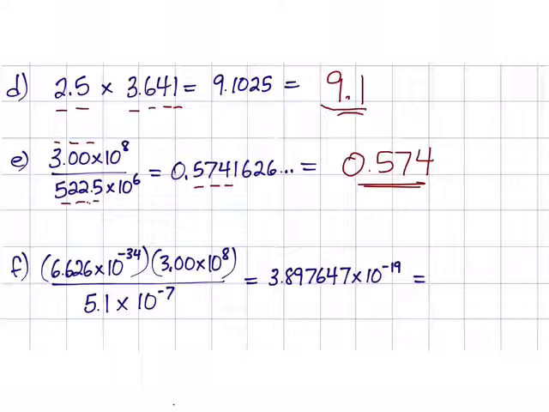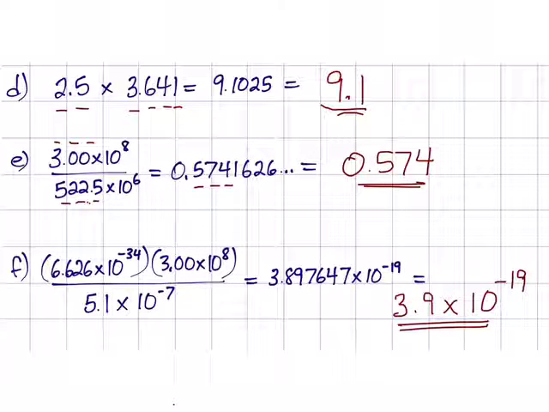So we've got 4 significant digits times 3 significant digits divided by 2 significant digits, multiplying and dividing only. My answer is going to have the smallest number of significant digits, which is just 2. So 3.897647 blah blah blah times 10 to the minus 19 is going to be rounded off to just 3.9 times 10 to the minus 19. Okay, so that number has 2 significant digits only.